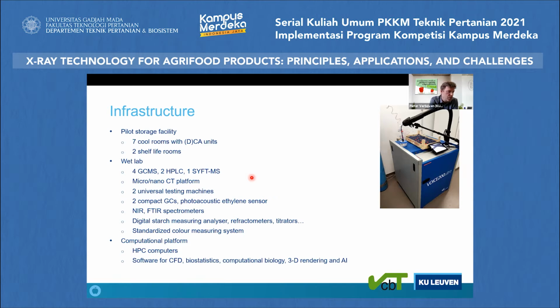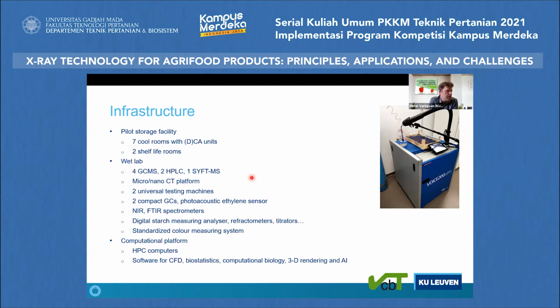So you create a controlled atmosphere, or CA. And we have, of course, therefore the necessary infrastructure. So we have a pilot storage facility with cool rooms where we can modify the atmosphere using CA units. And now more common, we use dynamic CA. It's a new technology, but I will not touch upon that in this lecture.